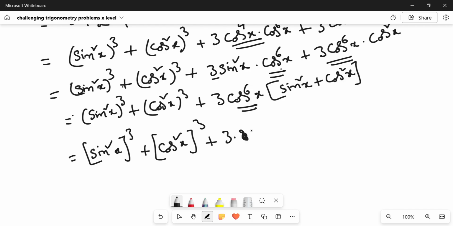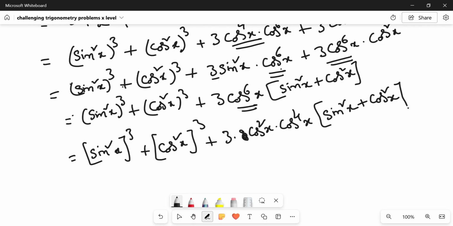If I write directly you will get confused. I'll write 3 cos square x into cos power 4x. So the cos power 6x I am breaking like this, and then let's write sin square x plus cos square x. Afterwards, wherever cos power 4x is there, we can replace it with sin square x.